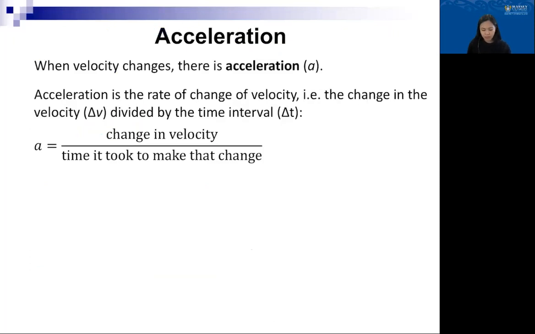So acceleration, if we formally define it, is a result of the velocity changing. If you have a change in velocity, then you have acceleration. And we'll use the symbol small a to denote acceleration, right? So formally, acceleration is defined as the rate of change in velocity, meaning whenever you hear or see the word rate, rate means something divided by time.